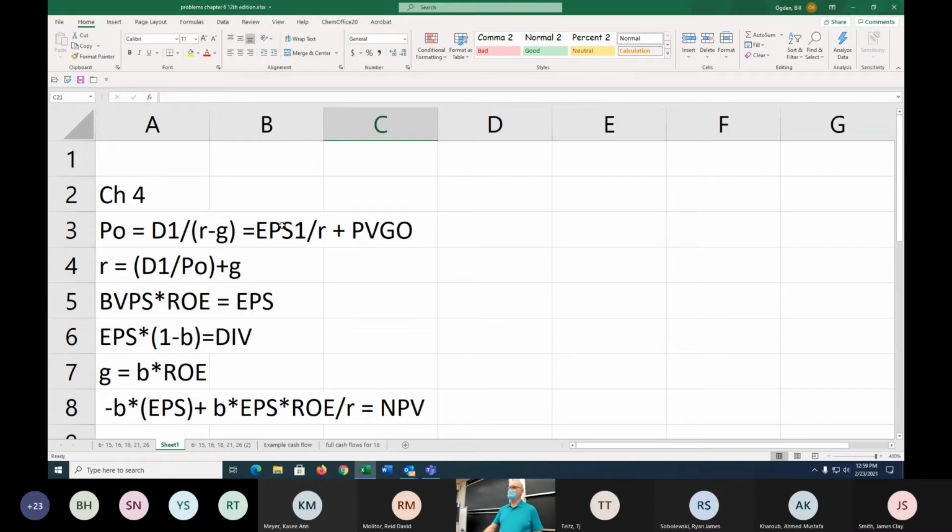That is correct. Okay, so we started out and we said that the value of the company is the next dividend divided by R minus G if it's in continuous growth at that time. And all the dividends have to grow at a rate of G, don't they? Okay, but we can further break that down into the value as a no growth plus the present value of the growth opportunities.